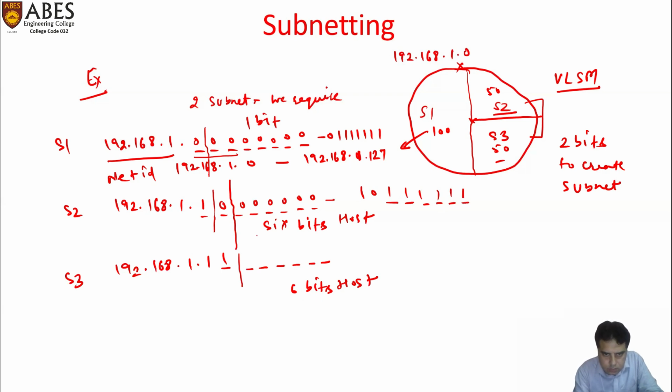So this is 128 to 191, and for this it is 192 with 1 1 and the remaining 6 bits all ones, that is 255.